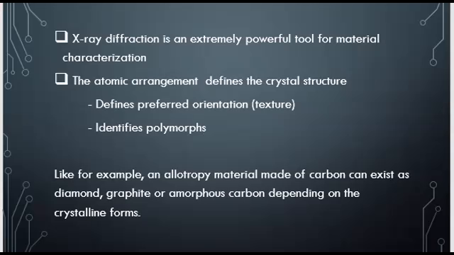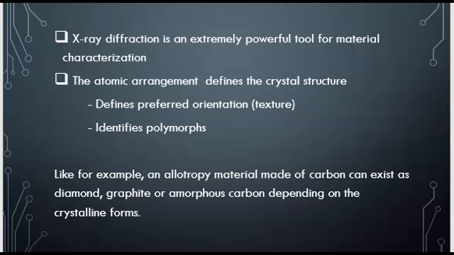A material composed of only one element is called an allotrope, and this can be a polymorph. A polymorph is a material with the same composition but different structure. For example, carbon.